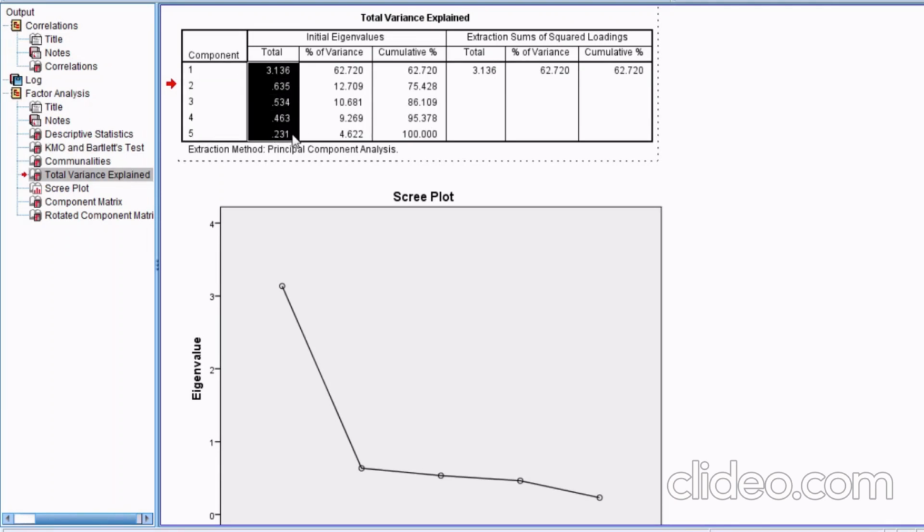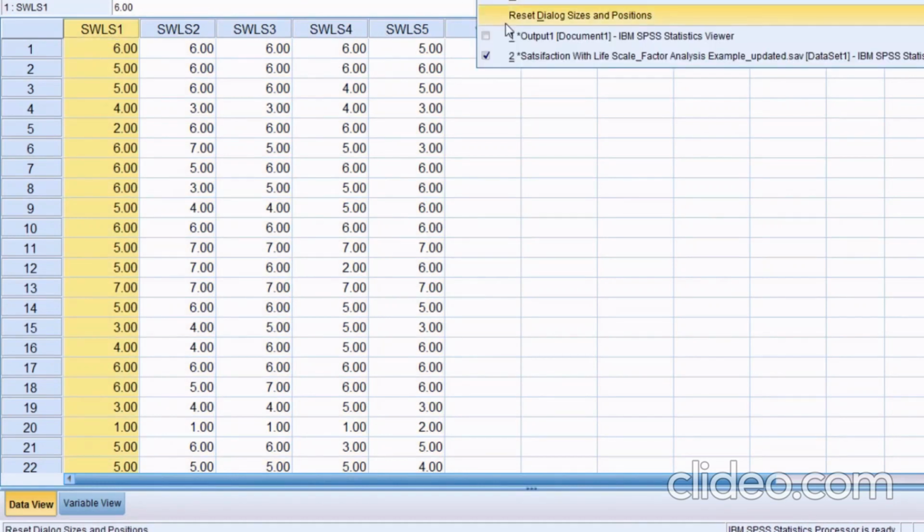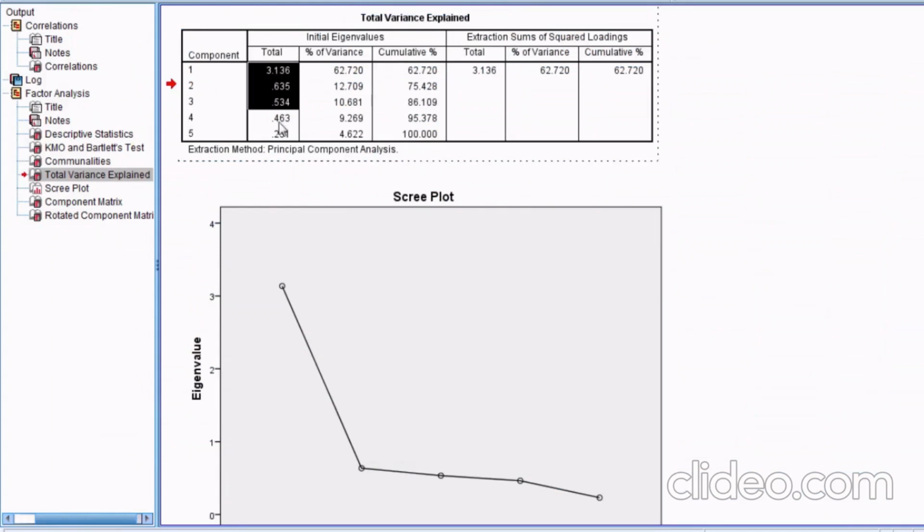Usually we see between 40 to 60% of the variance, in the 40 to 60s in that range. We usually see some solutions with variance higher than 70, and a solution below 40 is not very strong. But that's typically the range that we see them in. So I would say 63 is pretty good in practice.